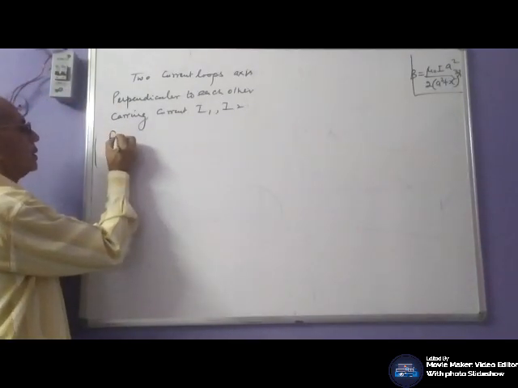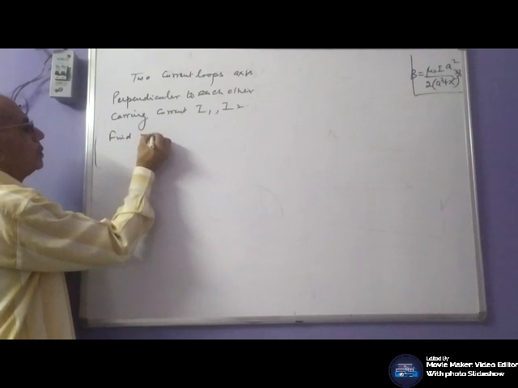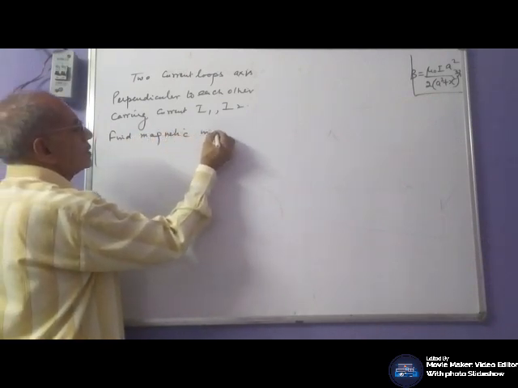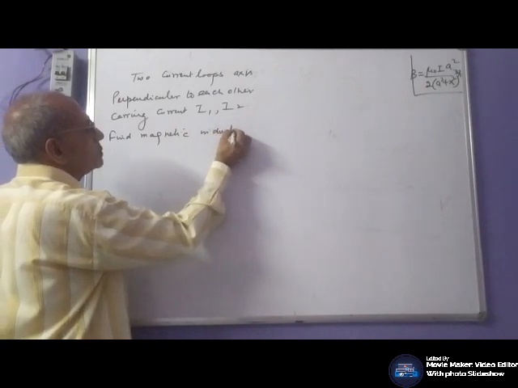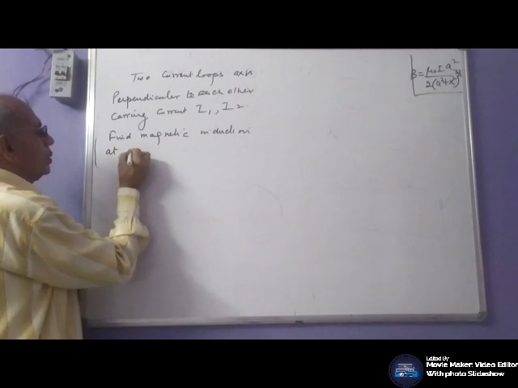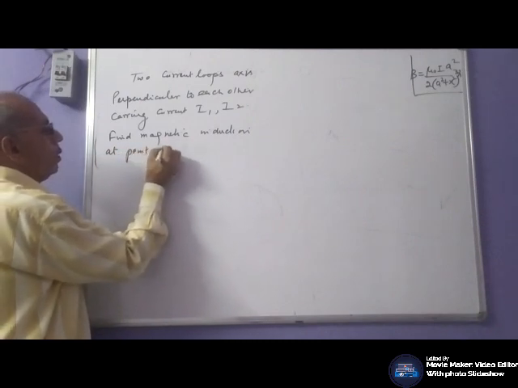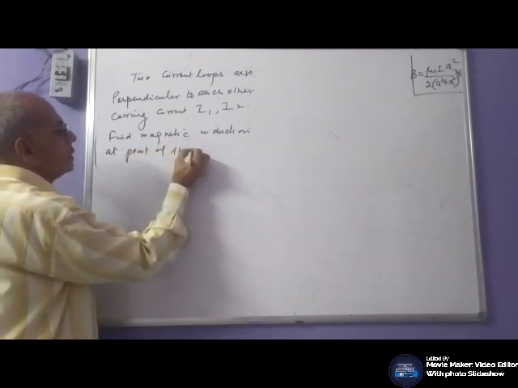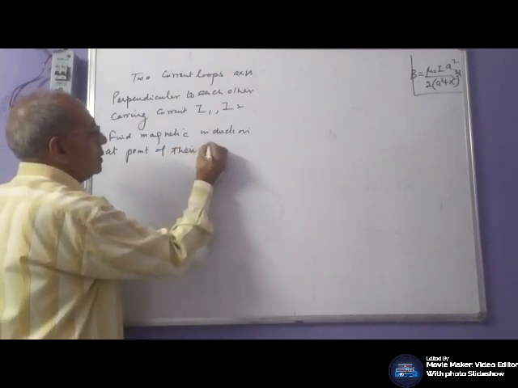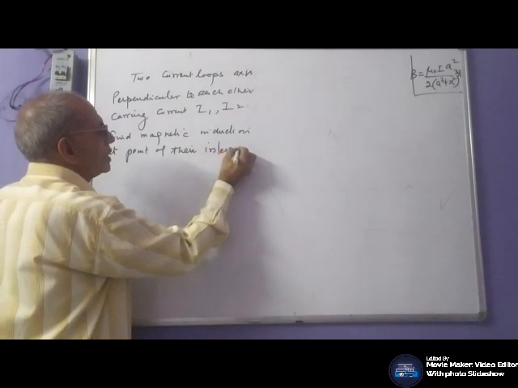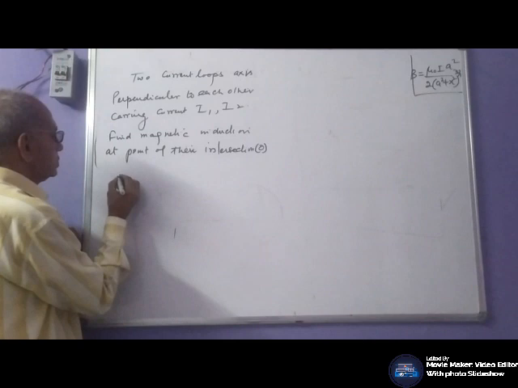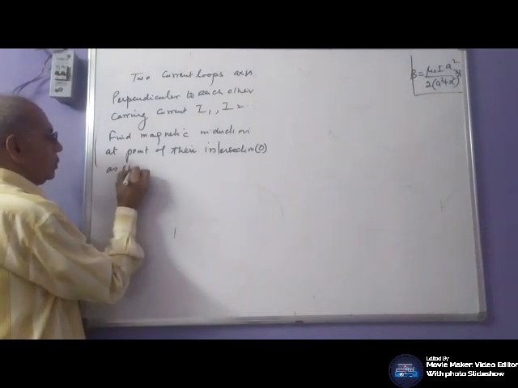Find magnetic induction at the point of their intersection as shown.